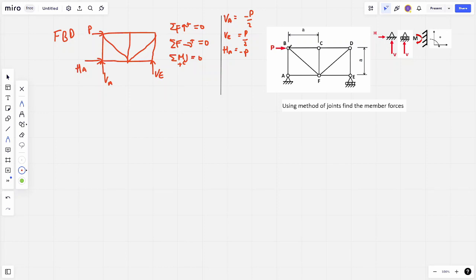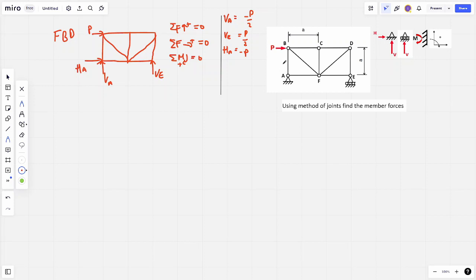Point B has 3 members: going down to A, going diagonally to F, and going to the right of C. E and A have 2 members each. So it's a good idea to use either A or E first. In this case, let's go with A.